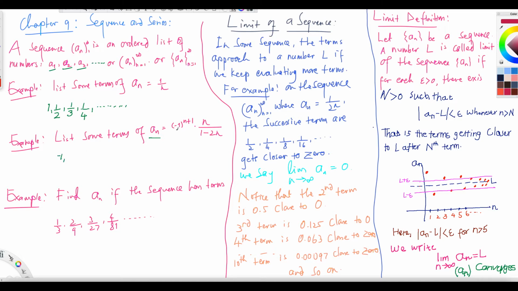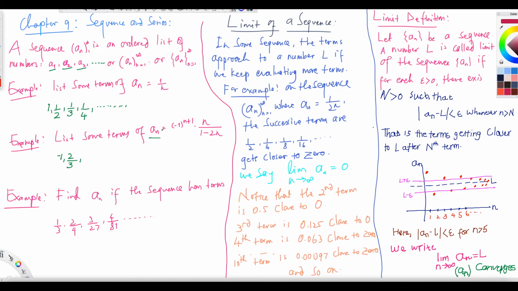Let's plug in 2. (-1) to the 2 plus 1 is 3. So (-1) to the 3 is -1, times 2 over 1 minus 2 times 2. So -3 here, one negative sign here, so you get 2 over 3. That is the second term.